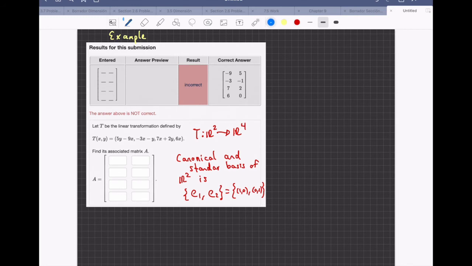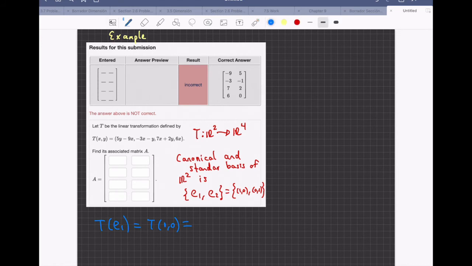The first one, T of E1 is T of (1, 0). And follow the rule. T of (x, y) is (5y minus 9x, -3x minus y, 7x plus 2y, 6x). Here in this case, x is 1 and y is 0.